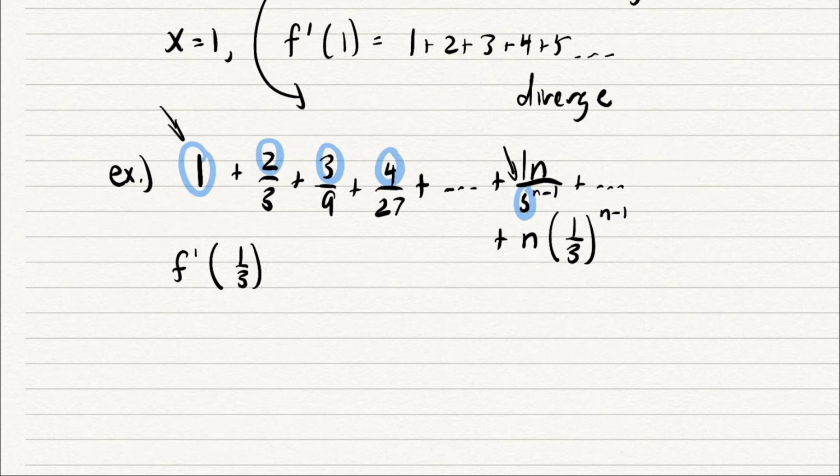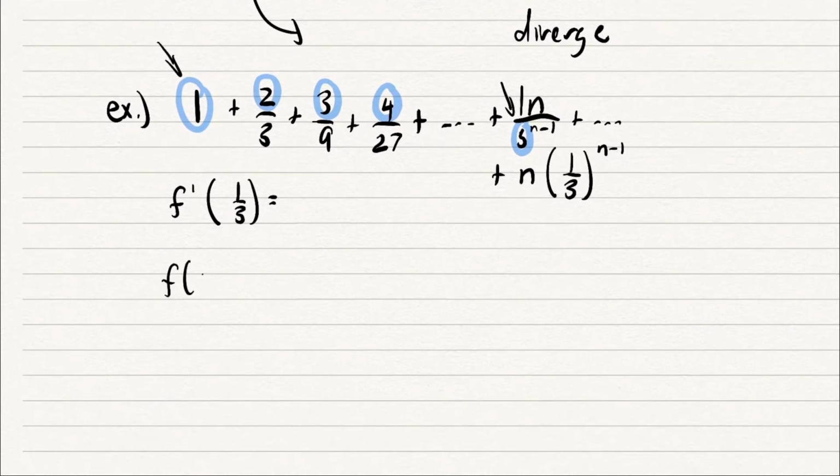So if I know that f prime of 1/3 is going to be my answer here, what I can do is just redo this backwards. So if I know f of x is equal to 1 over 1 minus x, I can take the derivative of this, and that's going to be f prime of x. Actually, before I do that, I'm going to rewrite f of x as parentheses 1 minus x to the -1.